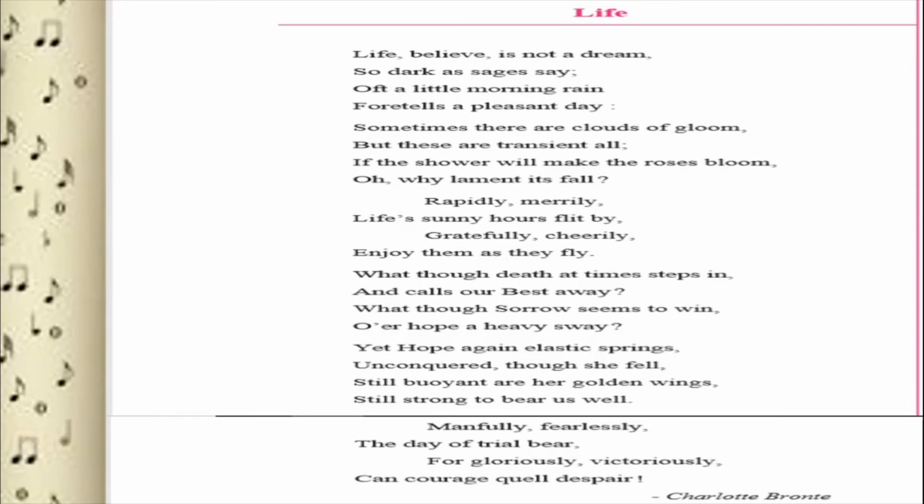Okay? If the shower will make the roses bloom, oh, why lament its fall? That is, if there is a rain, but because of this rain, you can see flowers blooming around you. You know that plants and trees and even all kinds of living things, we need rains, isn't it?